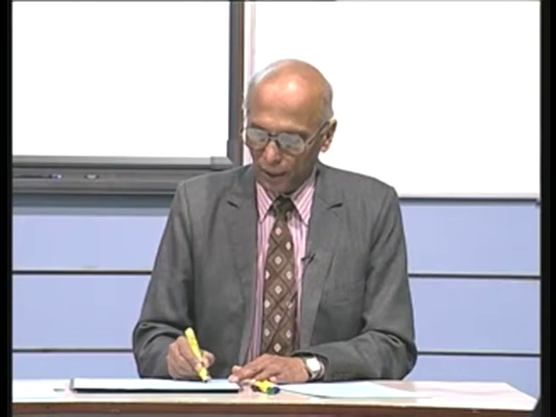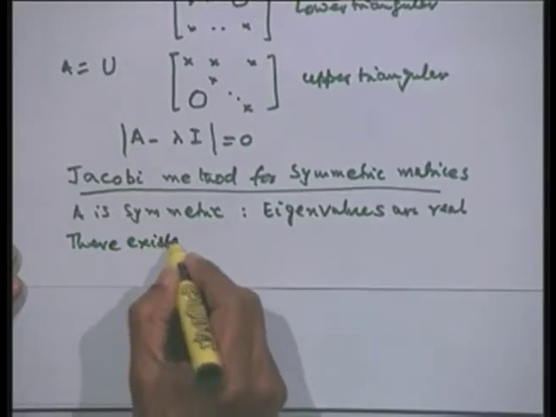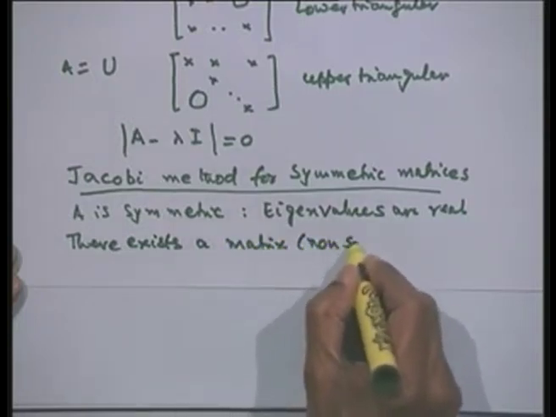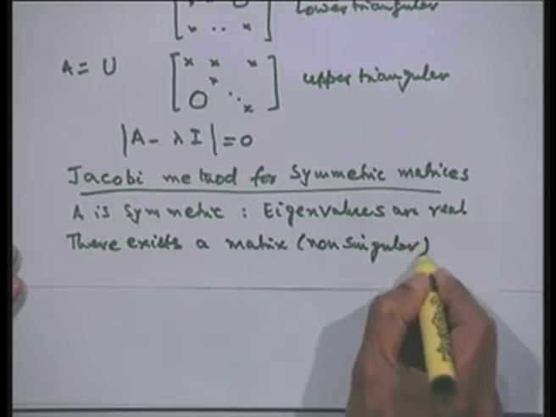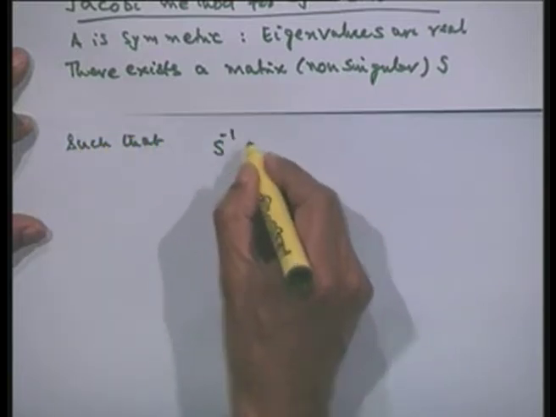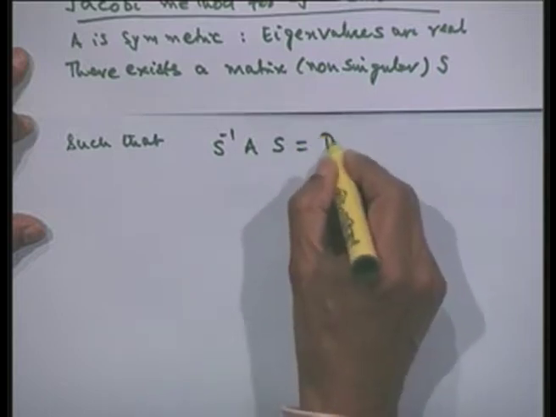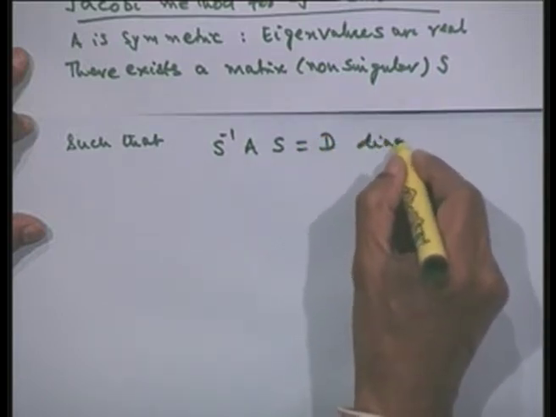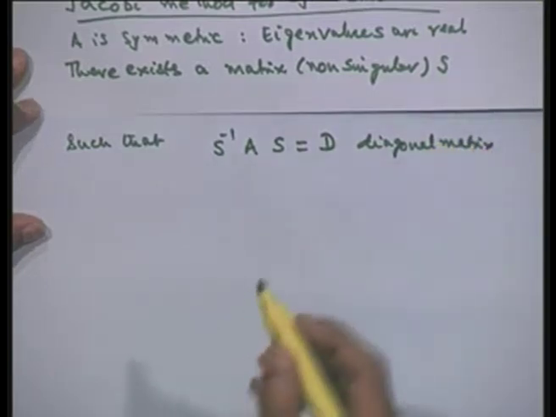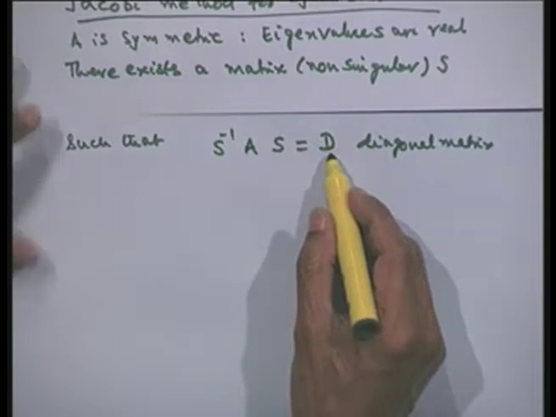That is, there exists a non-singular matrix, we will call it S, such that S inverse A S is equal to D, where D is our diagonal matrix. Therefore, all the eigenvalues are located on the diagonal of this matrix D.